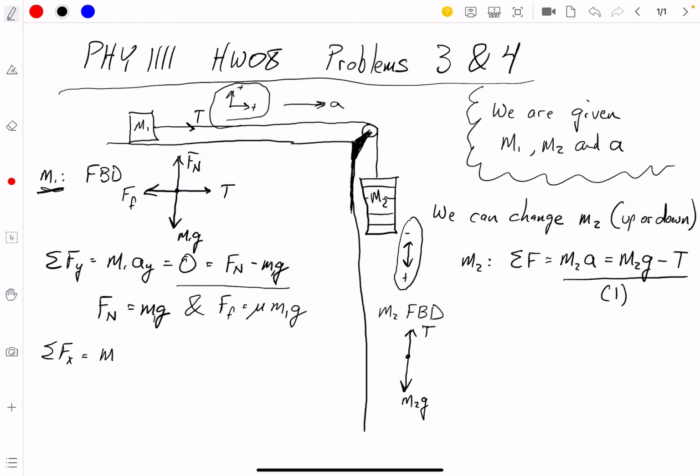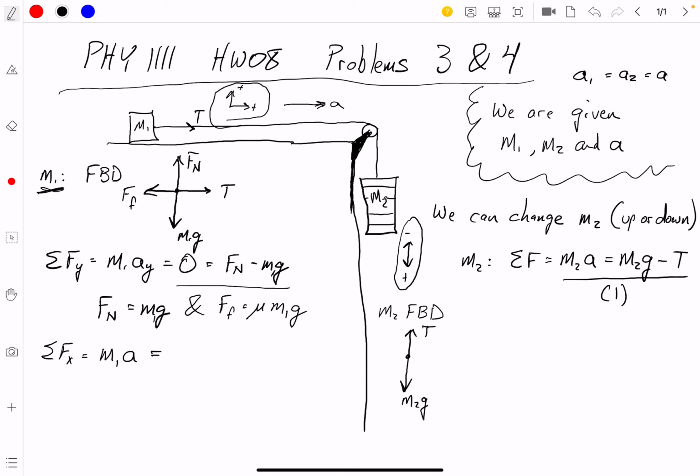So we've got m1 times ax, but I'm not going to call it ax because it's the same a that the other m2 is doing, because the rope doesn't stretch or shrink or anything. So the two a's are the same. I can write that. A for 1 is equal to a for 2, which just equals a. So I'm just going to leave that as a in the x direction.